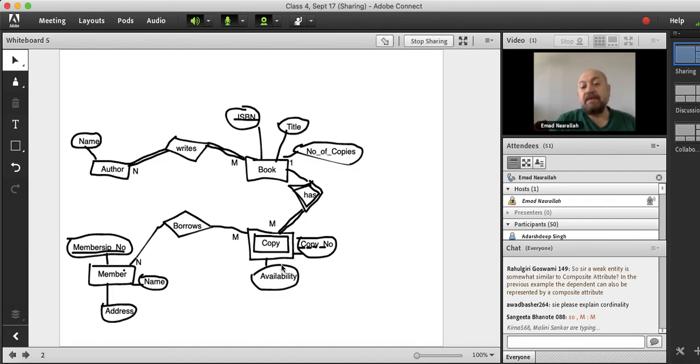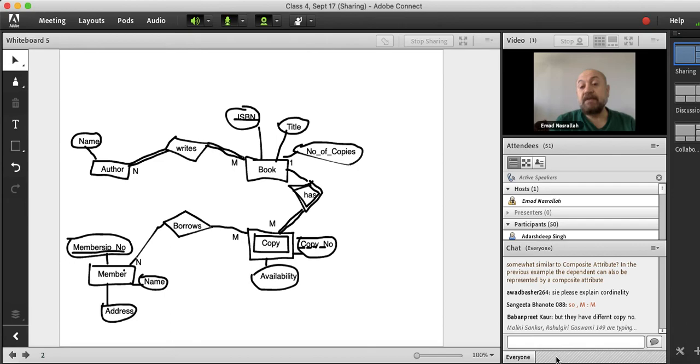If the copy here is multivalued or composite, first of all, if it's composite, then it has one value. Suppose it is multivalued and composite. It could be, but how can we make a relationship with other entities? So no, it can't. The weak entity can't be a composite attribute.